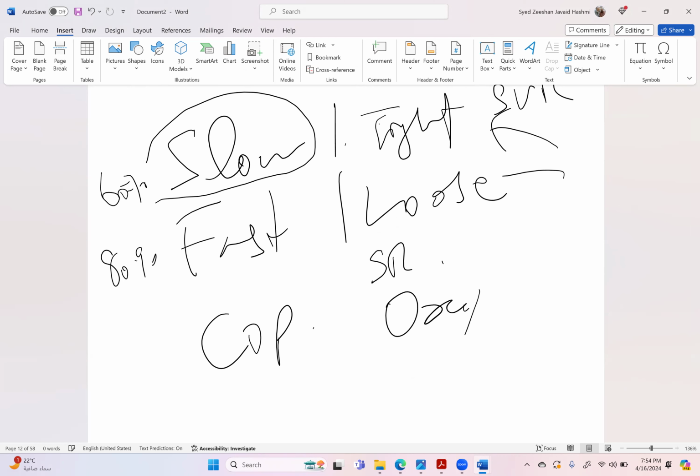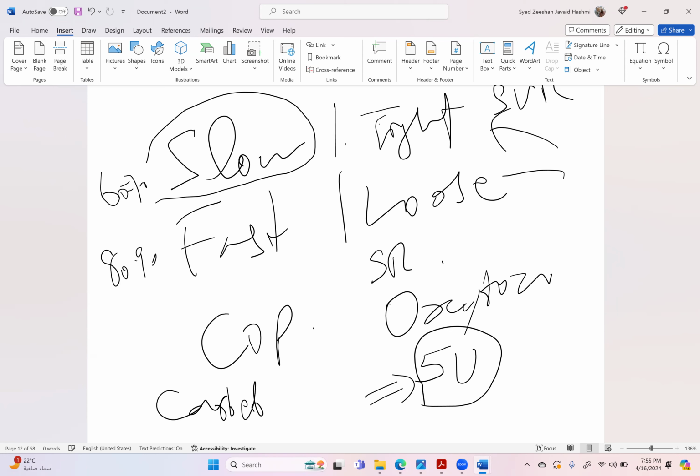With reference to oxytocin, you will try to avoid it, or you will try to give it as a slow infusion, not more than 5 units. Try to dilute it and give it slowly. Carbetocin, which is available in Saudi Arabia, not available in Pakistan, is a better version of oxytocin.